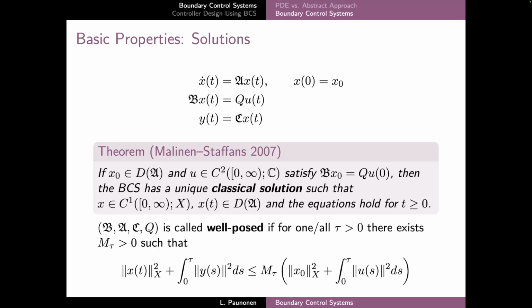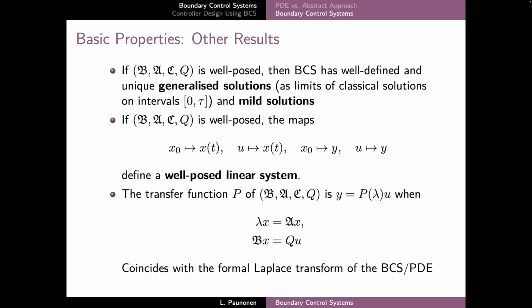And well-posed boundary nodes are an especially nice class of systems to work with. First of all, we can then define a larger class of solutions, generalized solutions and mild solutions. In addition, the mappings from the initial state and the input to the state and the output of the system define a so-called well-posed linear system.